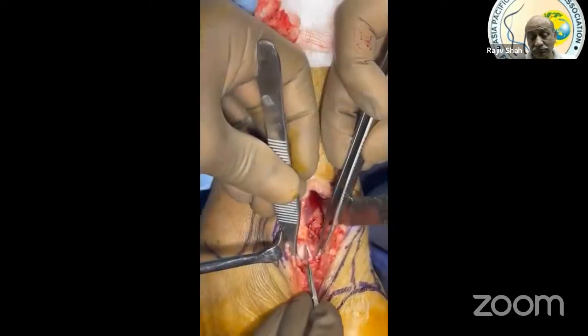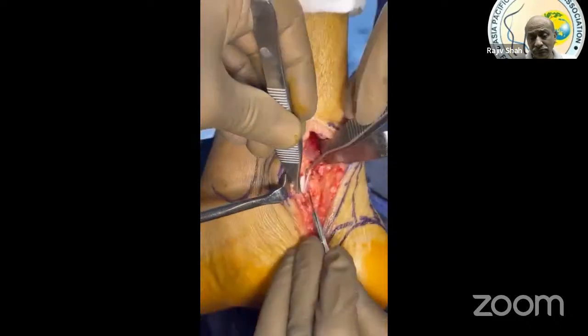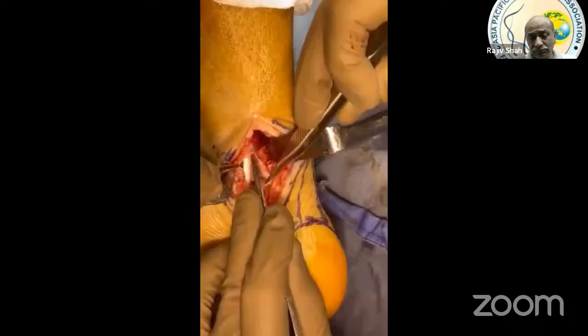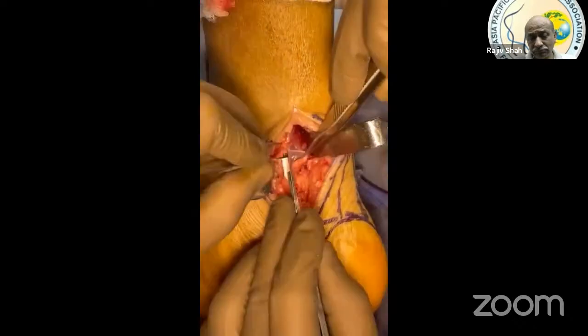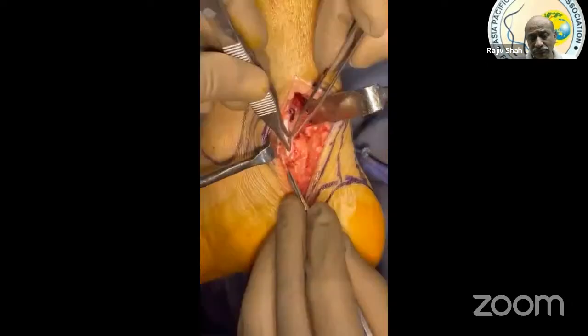And the FHL tendon does have some connection with the ankle joint, and when you open it, you may find some fluid coming out. Now when you are opening this up, it is obligatory for you to resuture it.